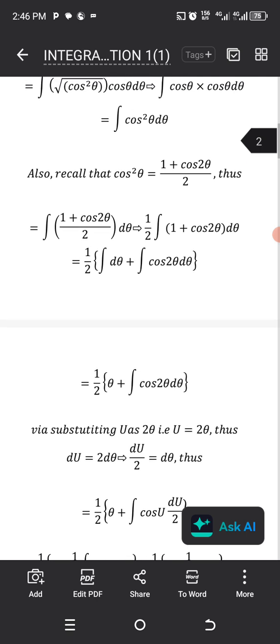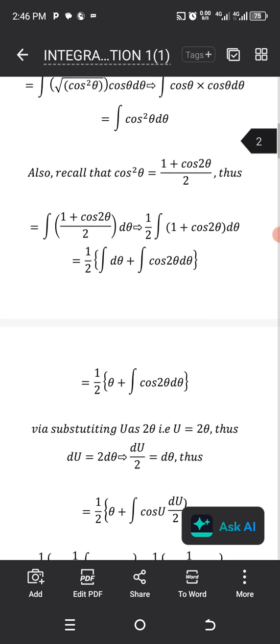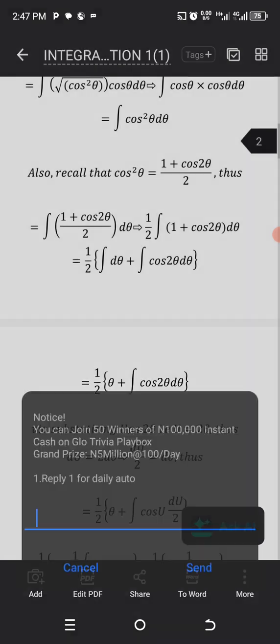So you get it now. So that was why we thought of what we can replace cos square theta with, and we arrive at 1 plus cos 2 theta over 2. It's standard, it's basic. So that will now lead us to the integral of 1 plus cos 2 theta over 2 d theta.